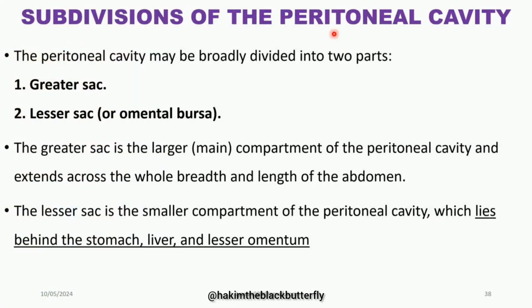Let's subdivide the peritoneal cavity. It's subdivided into two. We have the greater sac, we have the lesser sac. The lesser sac can also be called the omental bursa, and I have already shown you this. The greater sac is a very large compartment of the peritoneal cavity, extending all over the abdomen, as you can see here.